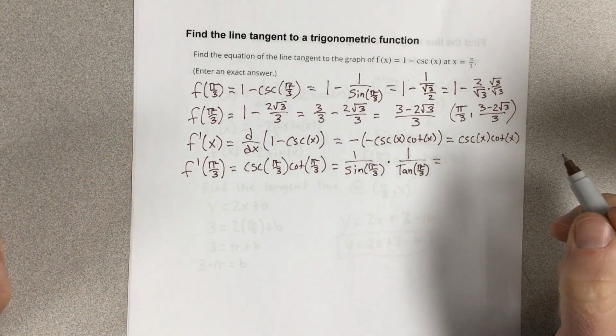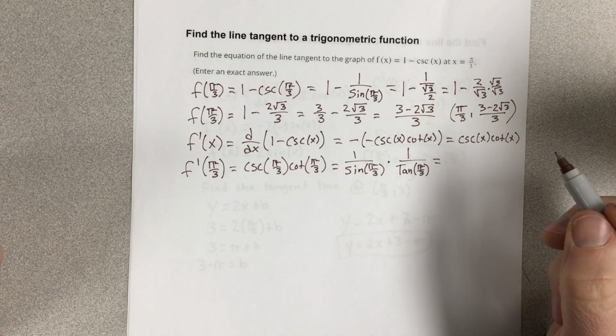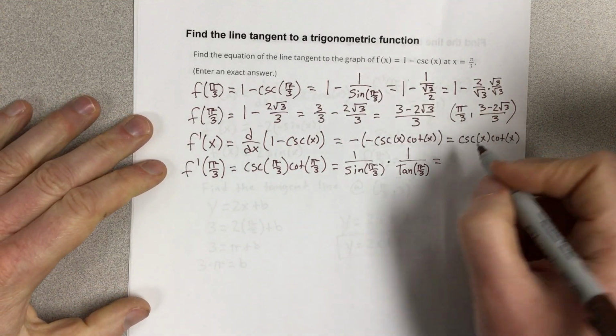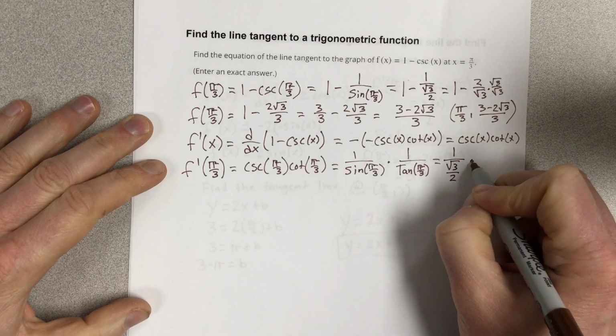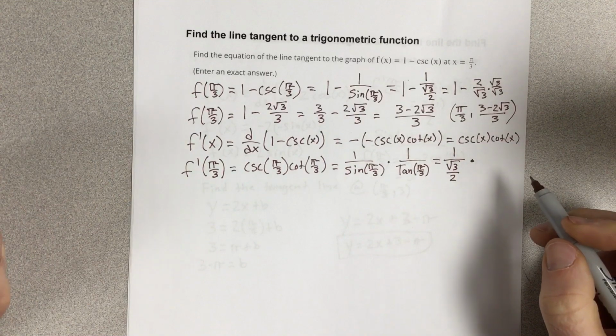One over sine of pi over 3. So sine of pi over 3 is going to be root 3 over 2. So that's 1 over root 3 over 2 times tangent of pi over 3.